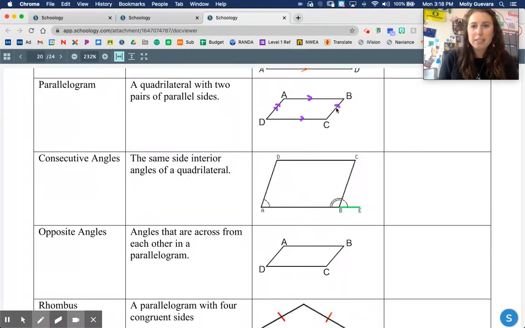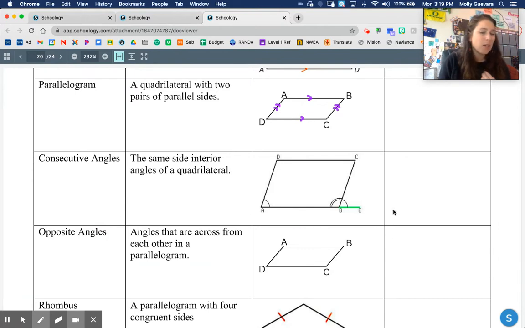So opposite sides are parallel, so sides that are across from each other. And so you have to have not only AB parallel to DC, but you also have to have AD parallel to BC. And that makes a parallelogram.